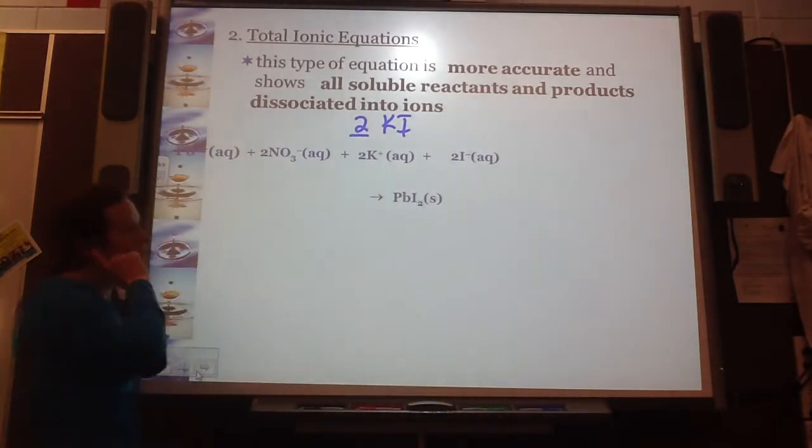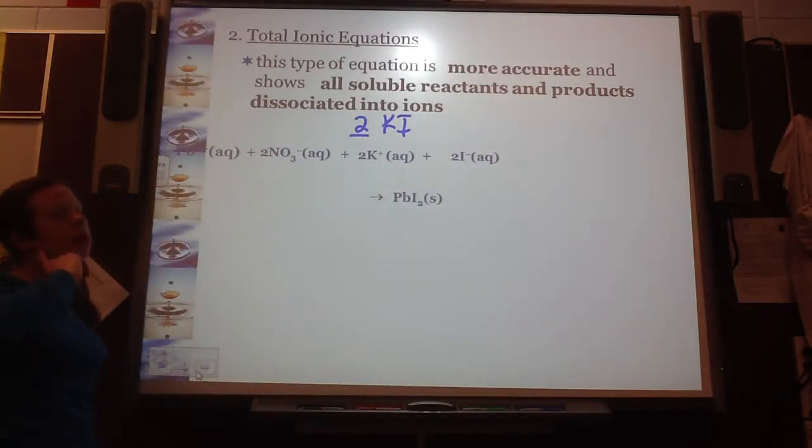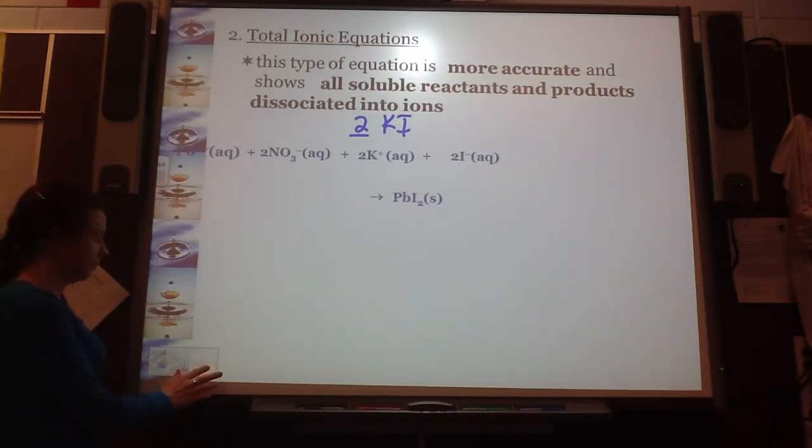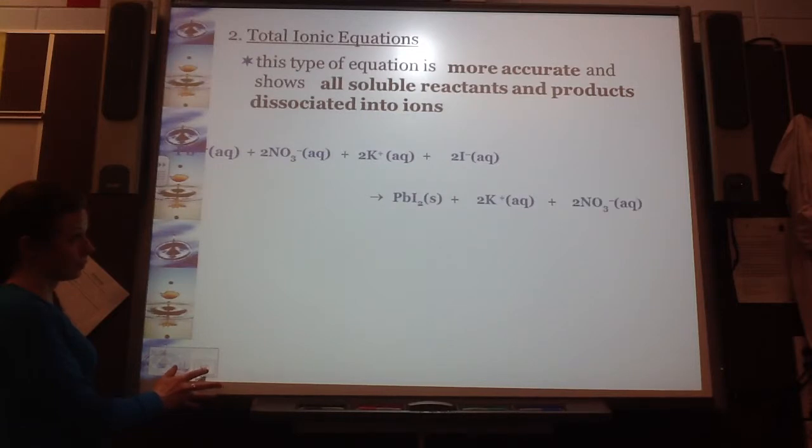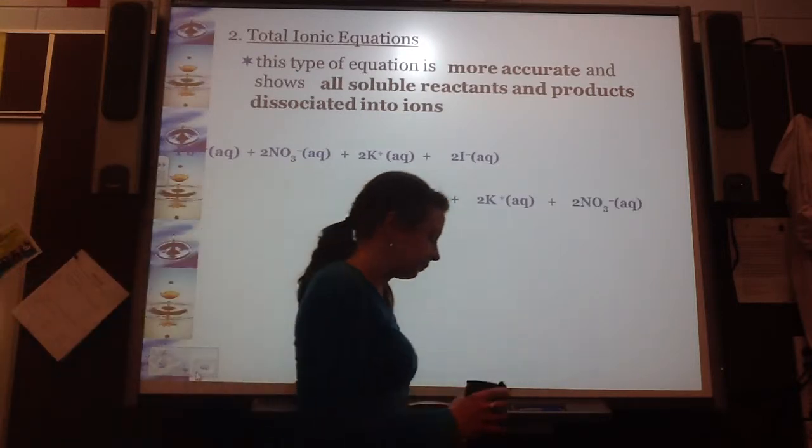So then I have on the product lead iodide solid, and you just leave it as solid, because that solid is in the water, and if it's solid in water, it's not soluble. Plus 2 potassium ions and 2 nitrate ions.